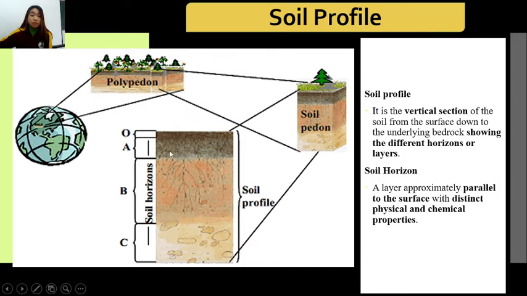For example, in horizon A, the soil properties are the same all throughout that horizon. Now, when the properties change, then it is another horizon, horizon B, and so on.